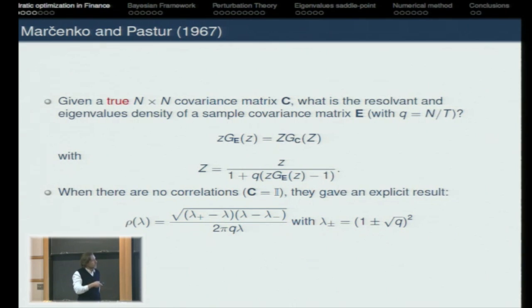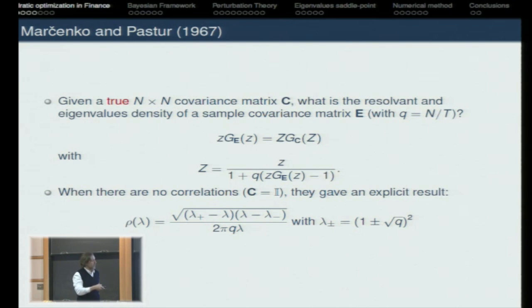So as q goes to 0, you have much more data points than variables. So you get perfect estimation, and if the true covariance matrix has no information, it's the identity, you can recover it exactly. So as q goes to 0, all eigenvalues become a Dirac at 1.